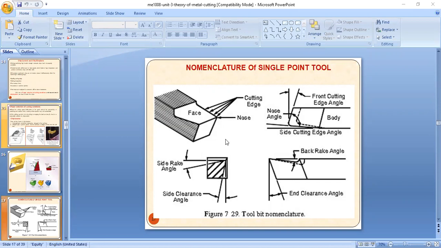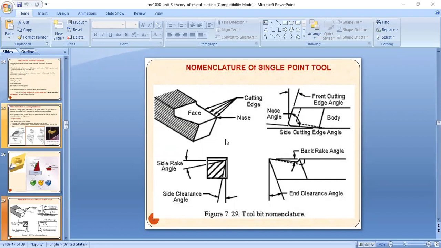So what do you mean by negative rake? When a tool has a negative rake, the tool face slopes away from the cutting edge, and the slanting is important. You just try to see the difference between positive rake and negative rake. Here the slanting will be upward towards the side or back of the tool, whereas in positive rake it is towards the shank or side of the tool.